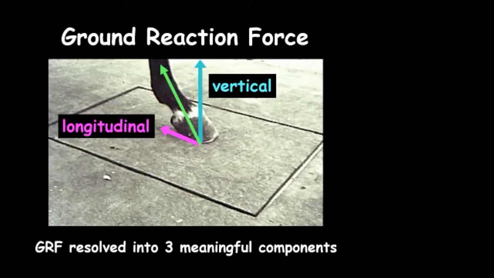And this component is responsible for speed, for acceleration and deceleration. And then the third component is the transverse force, which acts from side to side across the horse's body. And this is the one that's going to provide the force that will cause the horse to turn or to make lateral movements. So you'll notice that these three forces are all perpendicular to each other.